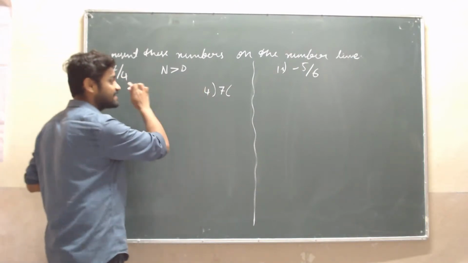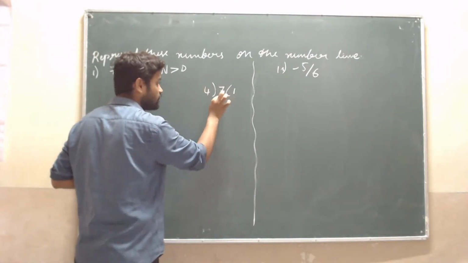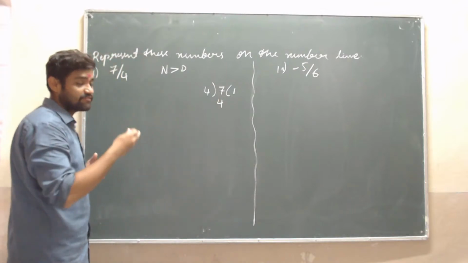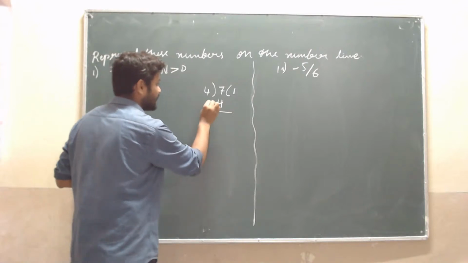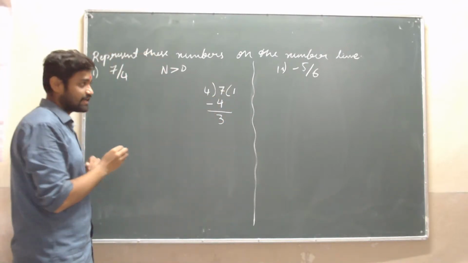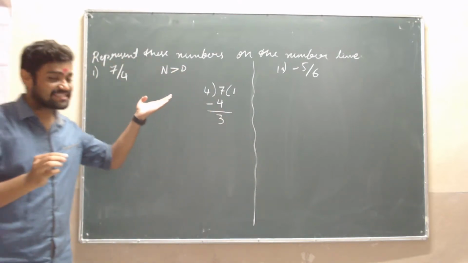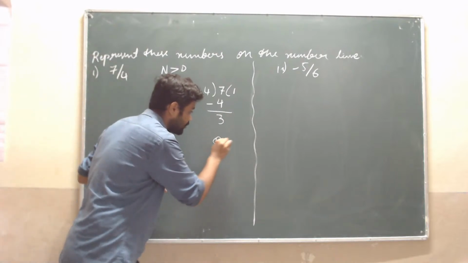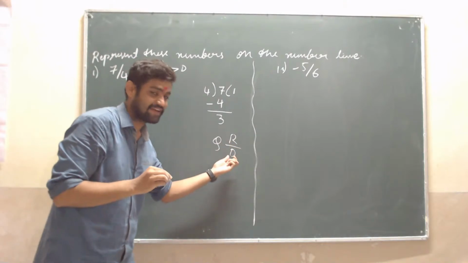We have 4 here and 7. Divide 7 by 4. 4 ones are 4, and 4 twos are 8, we can't take that, it is a greater number. Then 7 minus 4 is 3. We represent the mixed fraction using QRD: quotient, remainder, and divisor.